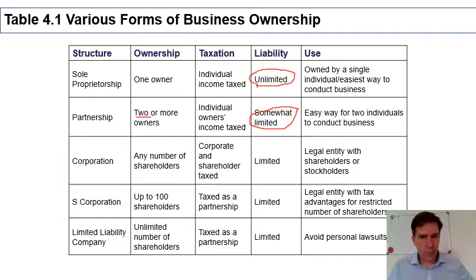Okay. And then we have the corporation, which is what we're talking about right now. The nice thing about a corporation is that it separates the ownership from the liability. So the corporation is its own legal entity. And depending on the type of corporation that you're talking about, a C corporation, for example, you can have any number of shareholders, okay, which opens up a large amount of capital options.